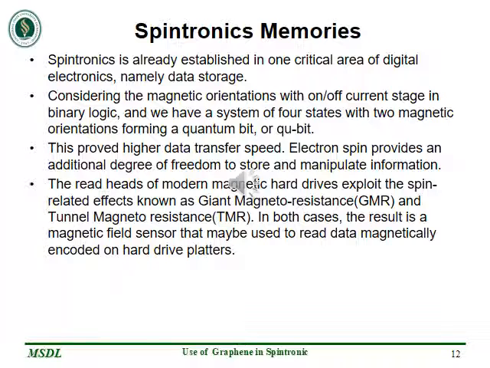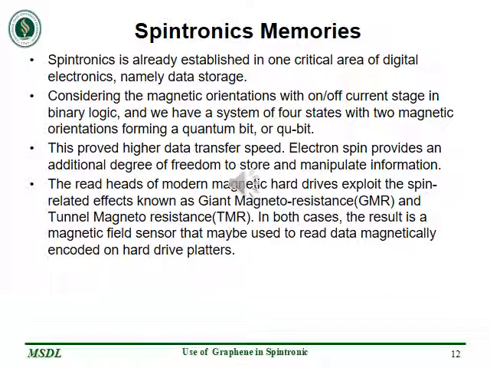Spin electronics is already established in one critical area of digital electronics, namely data storage. Considering the magnetic orientation with on or off current state in binary logic, we have a system of 4 states with 2 magnetic orientations forming a quantum bit, also known as a qubit. This has proved higher data transfer speed.